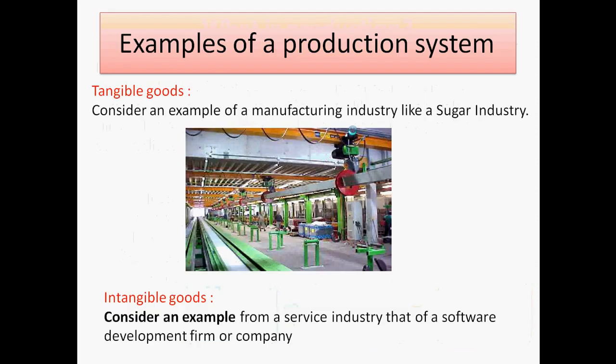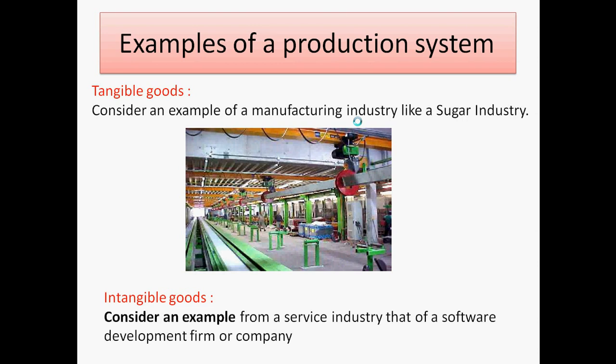Now we know that different production systems exist. First, we discuss examples regarding tangible goods and intangible goods. In tangible goods, we require some processes. An example is the sugar industry, where the raw material is sugar cane, and we use different processes to convert it into the final product, sugar.